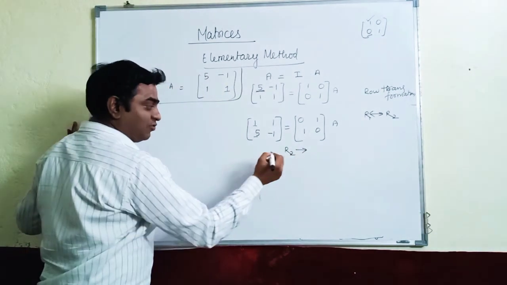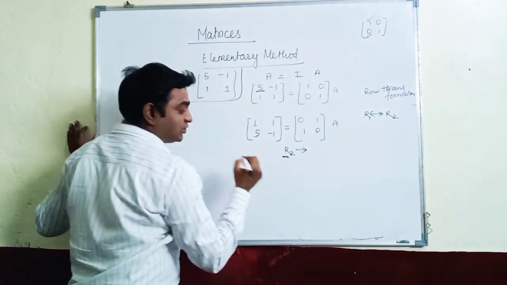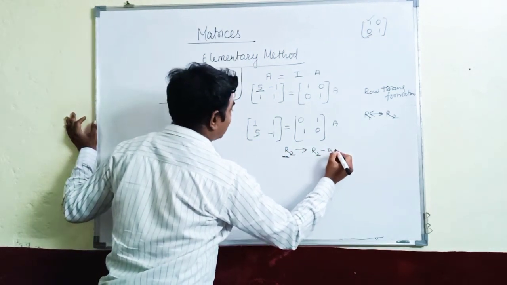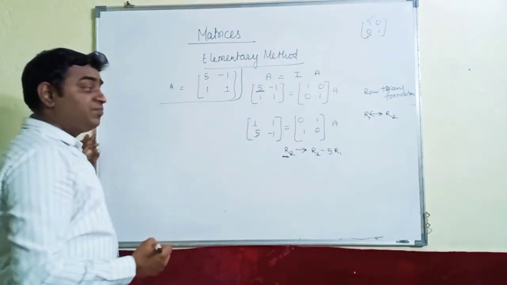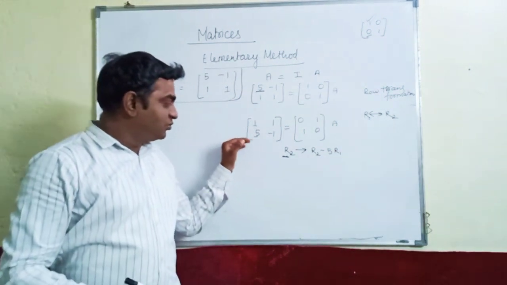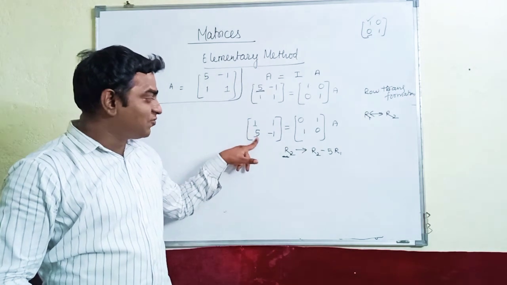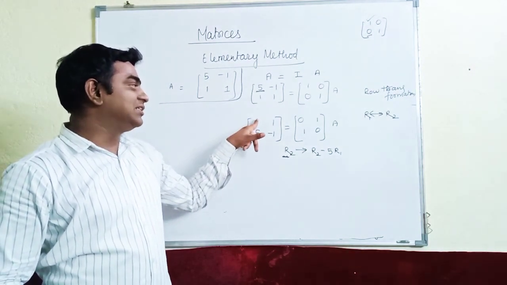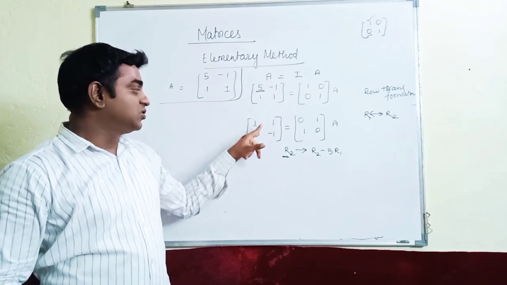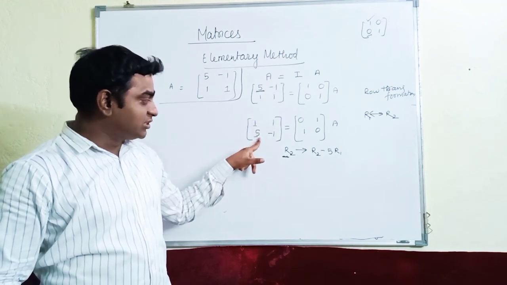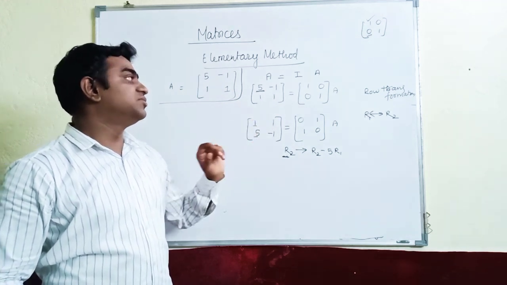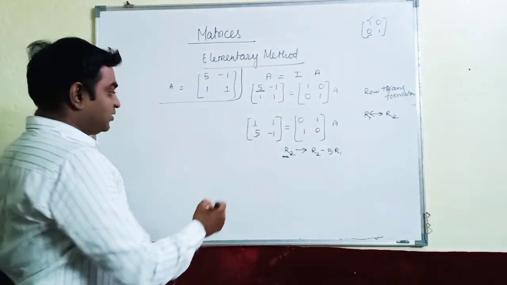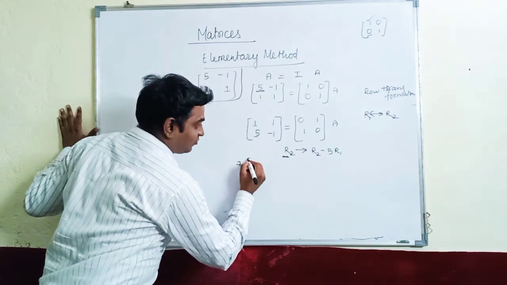R2 here is 5, and R1 is 1. If you multiply R1 by 5 and subtract it from this, it will become 0. And what is our target? It must be 0. So now you will apply the format.